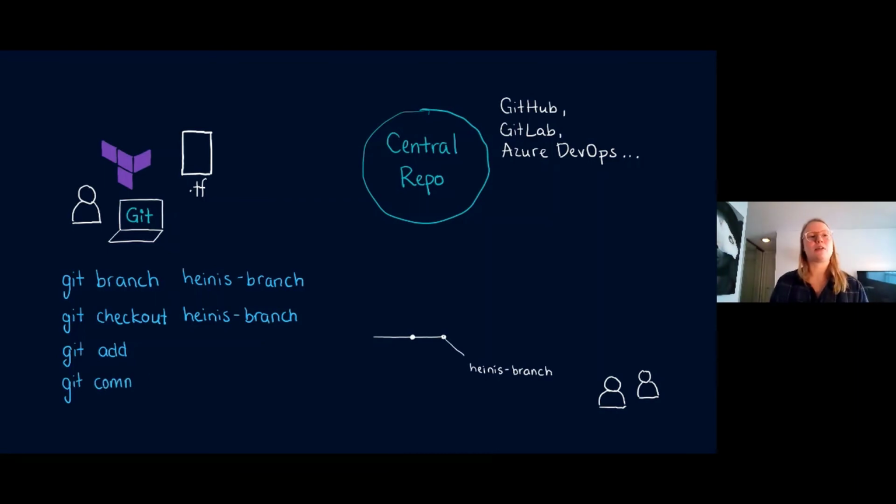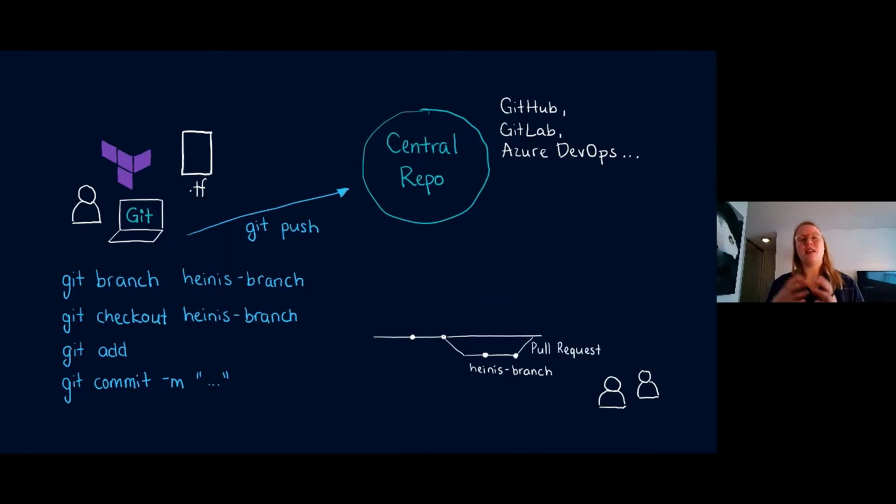And then I'm going to make a commit message of what was the change that I made. And essentially that will just make those changes on my branch, not on the main branch that I started off from. And then when I'm ready with my changes, I would go ahead and push those changes to the central repository. And then while I'm doing that, we want to do a pull request and check that these changes are also okay from others' perspective. And if there are any conflicts, we would resolve those.